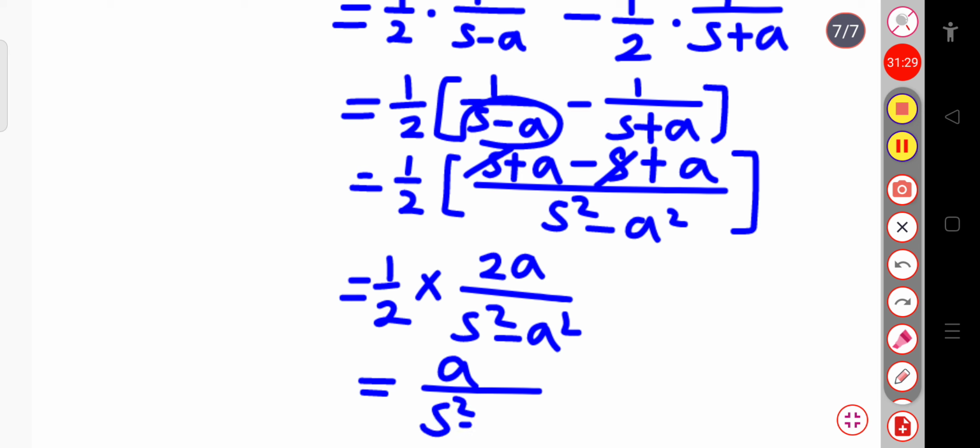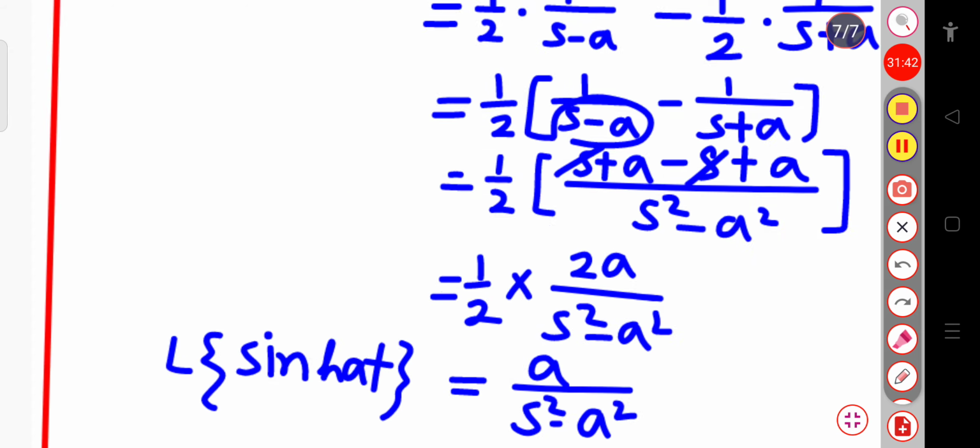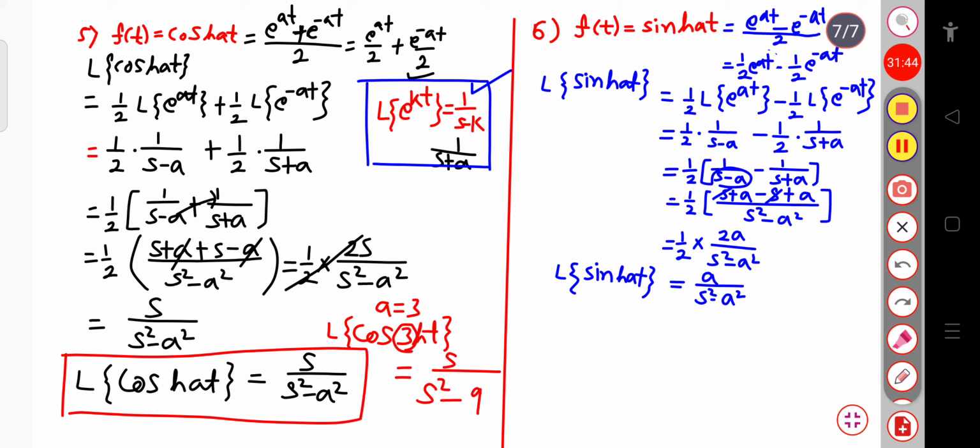So this is the Laplace transform of sinh at. For the cosh Laplace transform, this is simply s divided by s square minus a square, and for the Laplace transform of sinh at, this will be a divided by s square minus a square. This is our final answer.